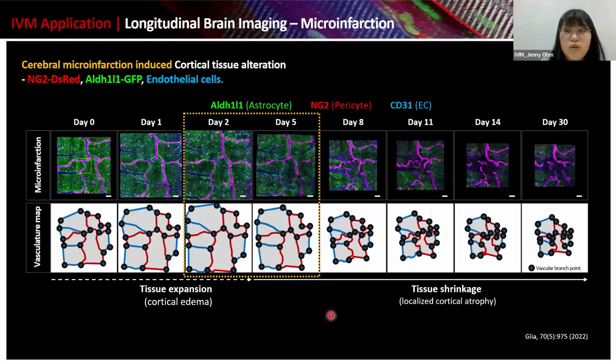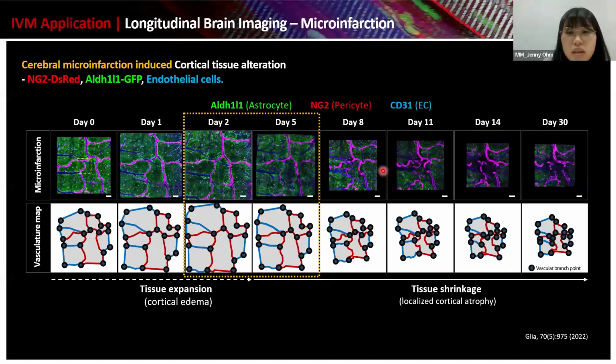So following photothrombosis induction, blood vessels were labeled and we imaged the area starting from day 0 to day 30. We initially observed signs of brain swelling, likely due to inflammatory responses that start at an early stage.